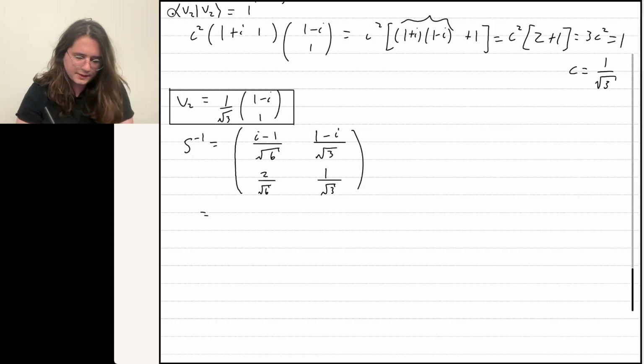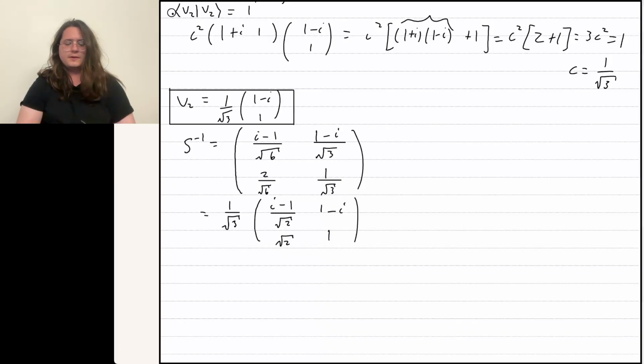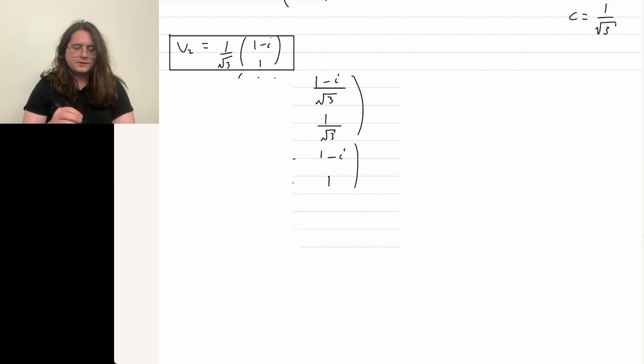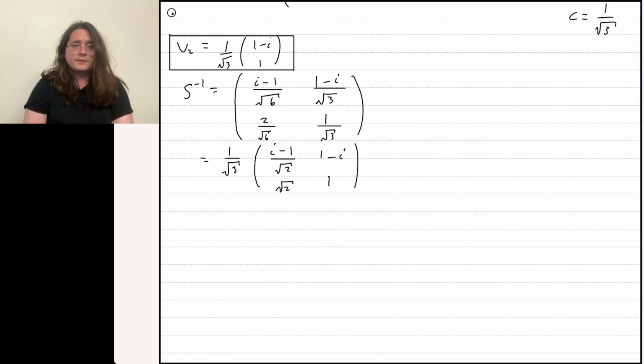We can simplify that by factoring out an overall 1 over root 3, which is going to give us i minus 1 over root 2, and then 2 over root 2, but 2 over root 2 is just root 2, so I'll write it like that. 1 minus i here, and then just 1 here. Fantastic. That's going to be the matrix which diagonalizes T, right?